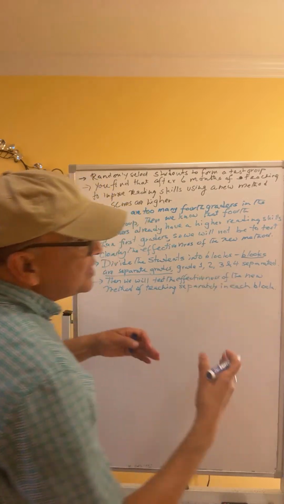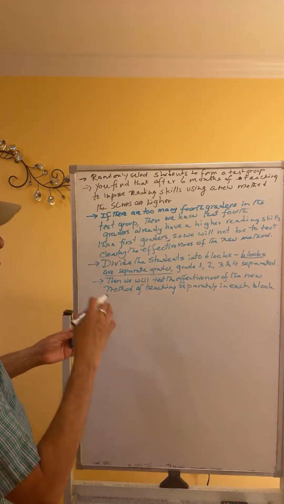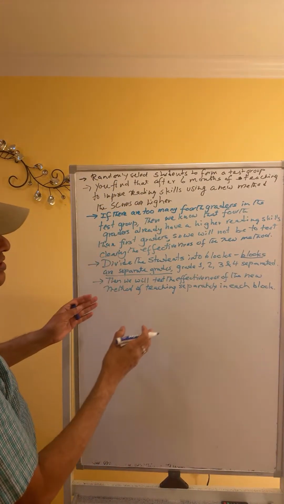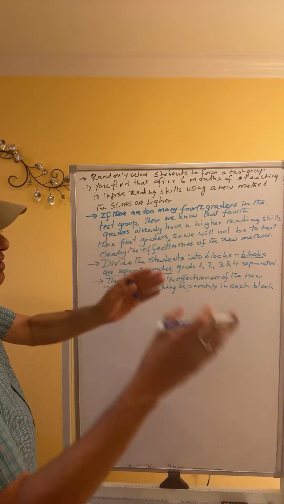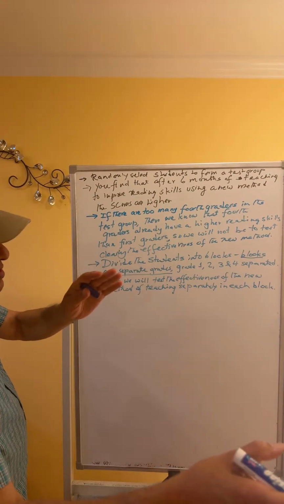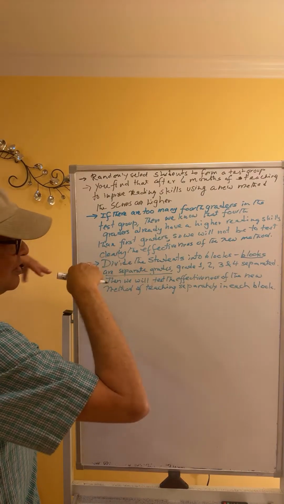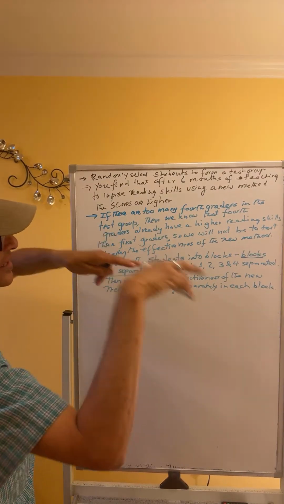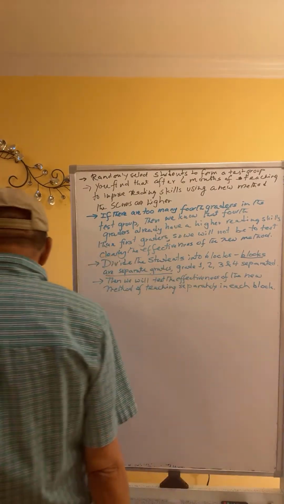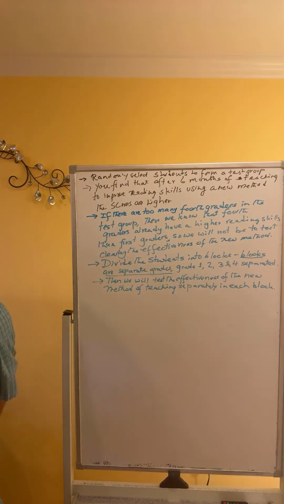Because we are not mixing up the fourth grade with first graders. First grade is separate, second grade is separate, third grade is separate, fourth grade is separate. And we are doing testing from randomly selecting students and performing the test in each grade or each block. Okay. So these are called blocks in this case. Okay.